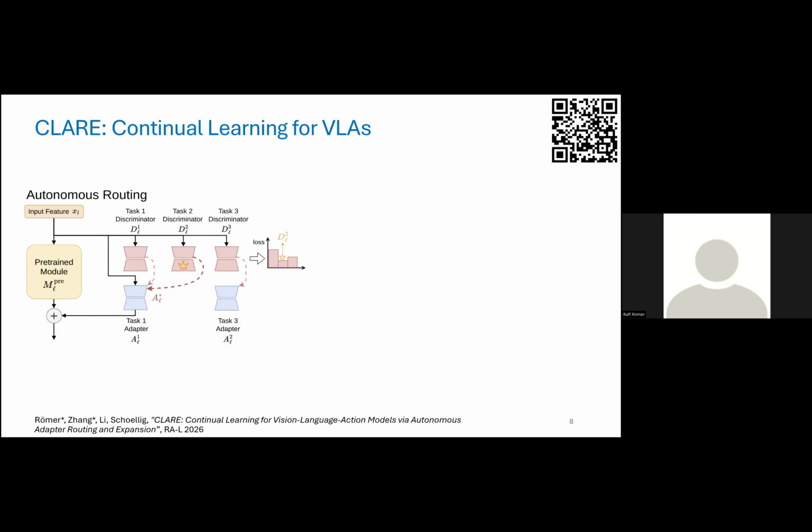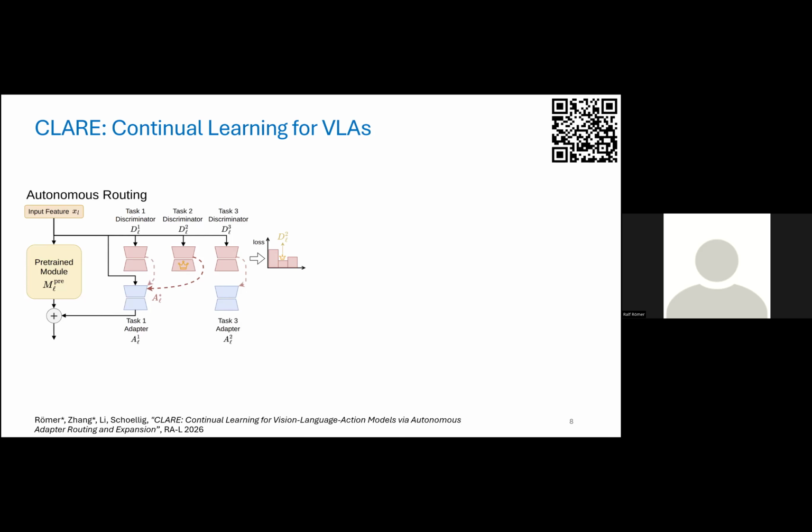So now let's say we have these adapters for new tasks. When we actually deploy the model, we need to figure out which is the correct adapter that we should activate, because after some time we may have multiple of those. In our case, we assume that only one corresponds to the current setup. For this, we don't just train adapters, but we also train discriminators. These discriminators decide which adapter we should activate for the current task.